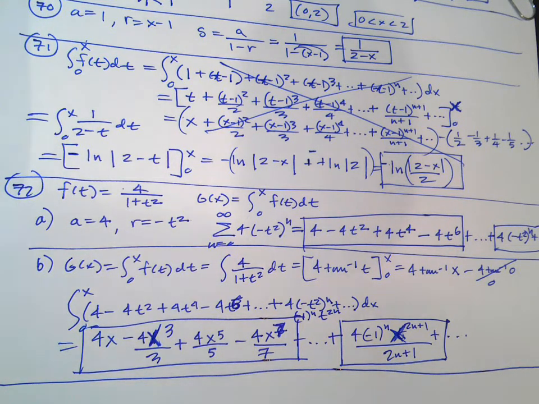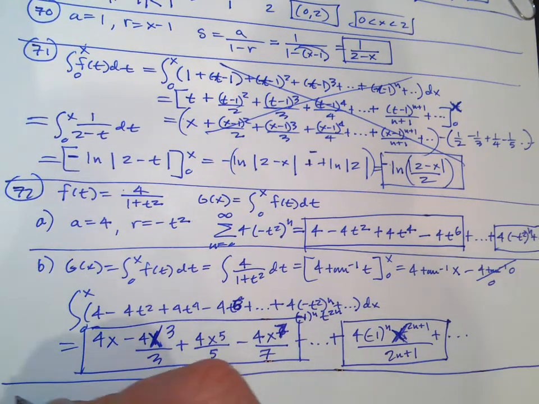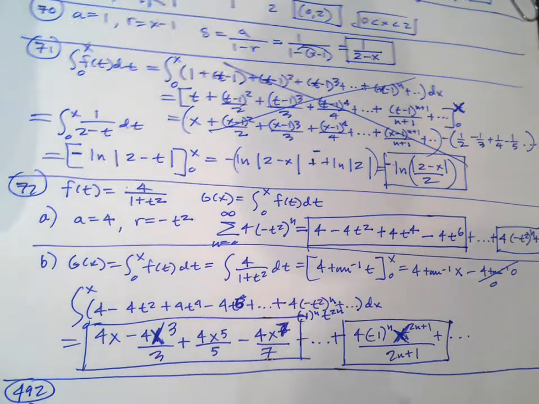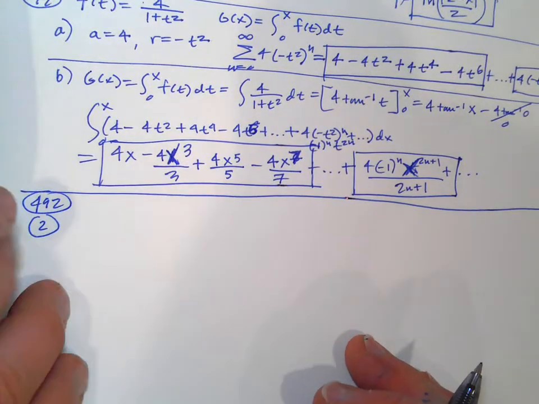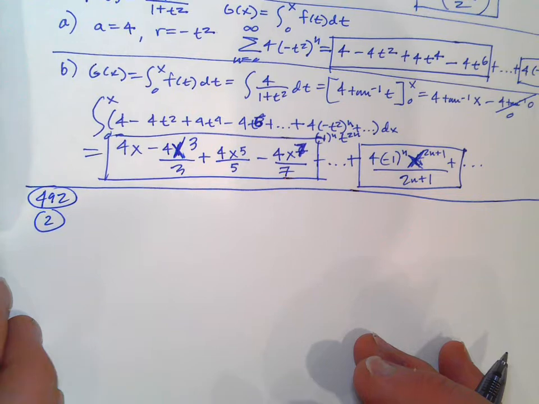Let's keep going. Next page, 492. We're going to start with problem 2. Now, these problems, it says in exercise 1 and 2, construct the fourth order Taylor polynomial at 0. That means centered at 0.